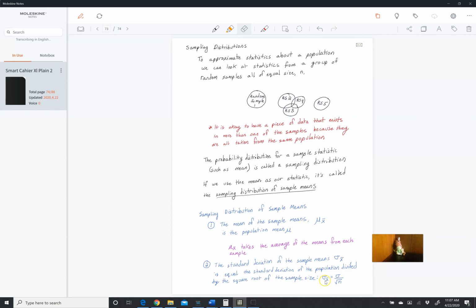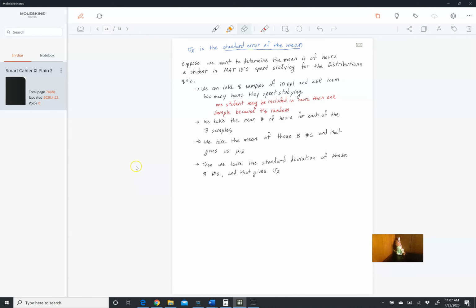And this is saying that the standard deviation of those sample means is equal to the standard deviation of the population over the square root of n, okay? And that's going to be huge for us. So I'm going to put it right in the middle here, and I'm going to box it, because we're going to be using this a lot.